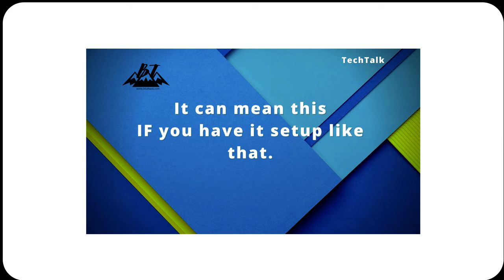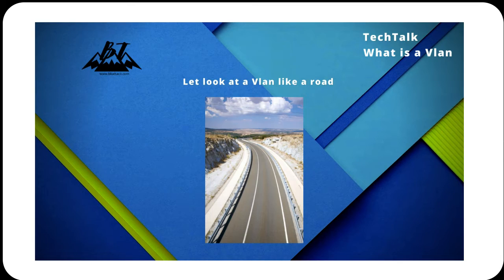The next thing it does is cut down on your traffic. It doesn't send all the traffic from every device onto those other devices. What does that mean? Kind of confusing? Well, let's go back to our road real quick. So you've got your road again right here. Only the traffic that is meant and needs to be in that VLAN will be passed. Let's say traffic is coming from the sales department.